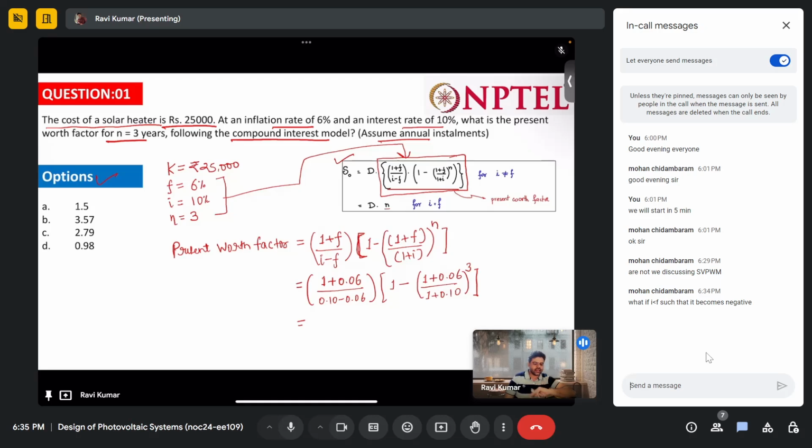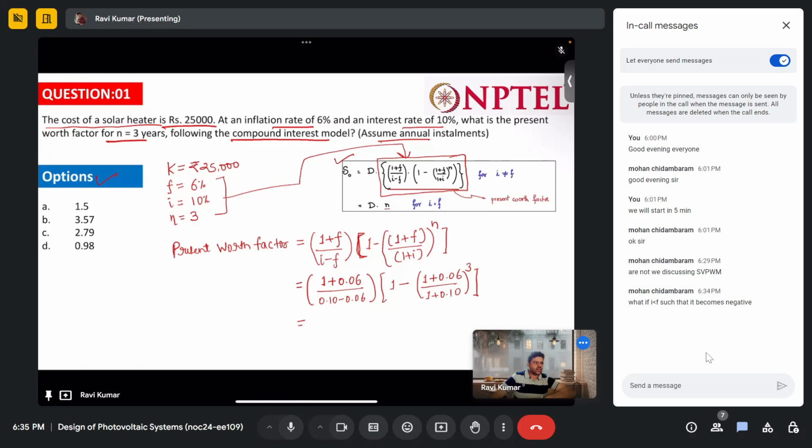We will replace this I and f. First we will solve this, then we will see. And it will become negative, so there is no issue in becoming negative as well. Then your money will decrease.